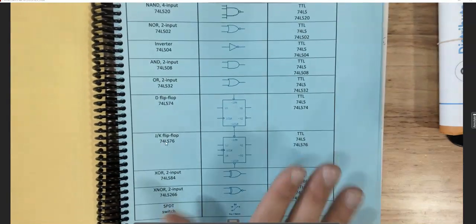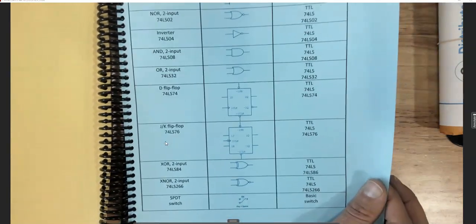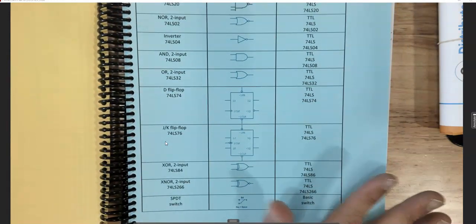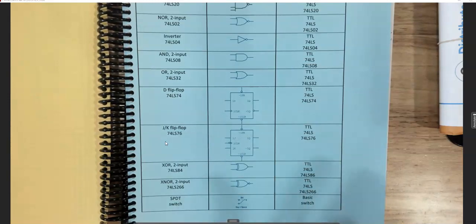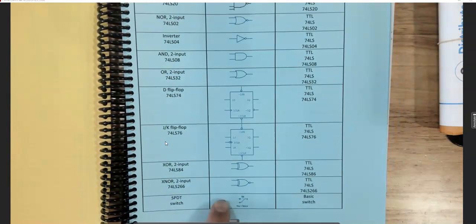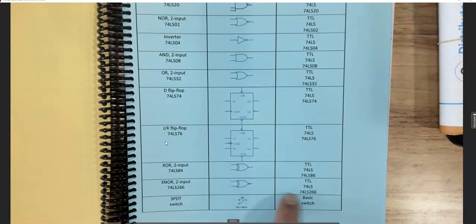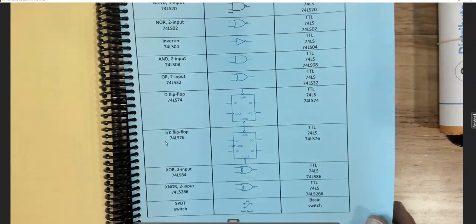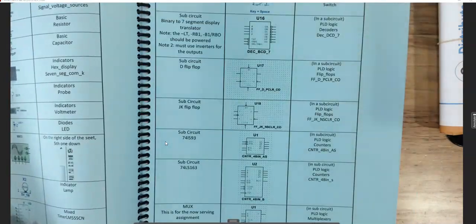I found myself not using one of these cheat sheets that my teacher gave me this summer. I used it a little bit, and I made sure I had it, but I really got pretty good at remembering stuff for the most part. The switch is right here on that front page. SPDT, we go to Basic, and then Switch.